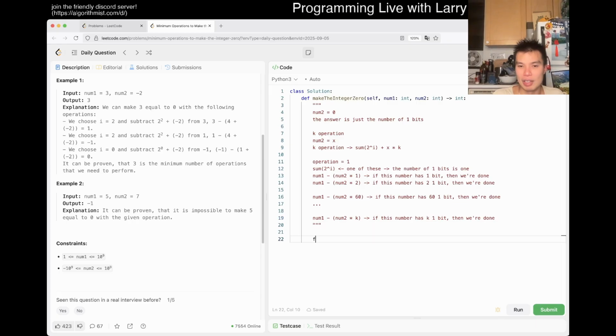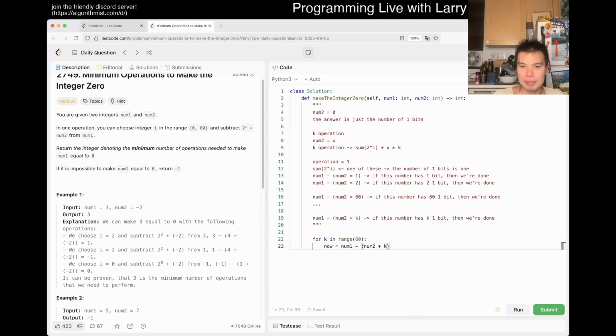So here we can do, I'll just use k, because that's what I've been using in my explanation. So k from 0 to say 60. You can maybe put this in a constant, but I'll just leave it here for now. So let's just say now is equal to num1 minus num2 times k.